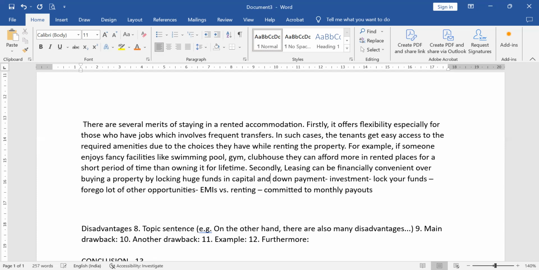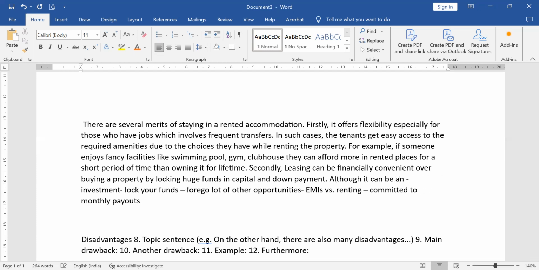Now people will say it's yours finally, although it can be an investment, a futuristic investment.